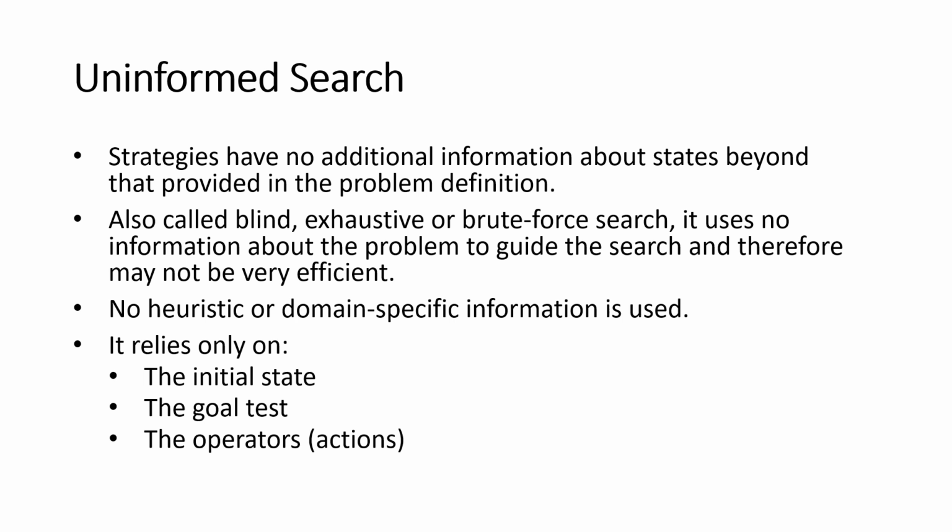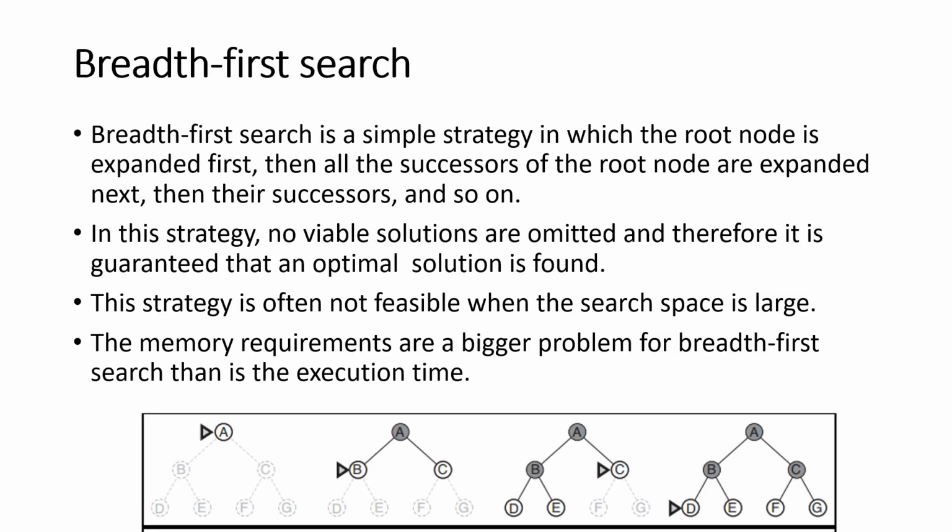We already discussed what heuristics are. We can say it is a rule of thumb or intelligence. So uninformed search does not use heuristics, and it does not estimate distance, cost or goodness of a state. It relies only on the initial state, goal state and all possible actions.